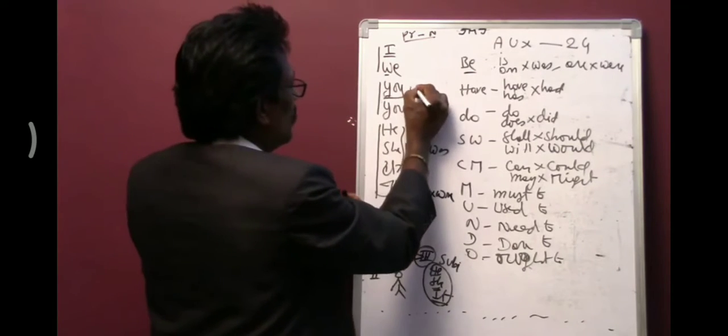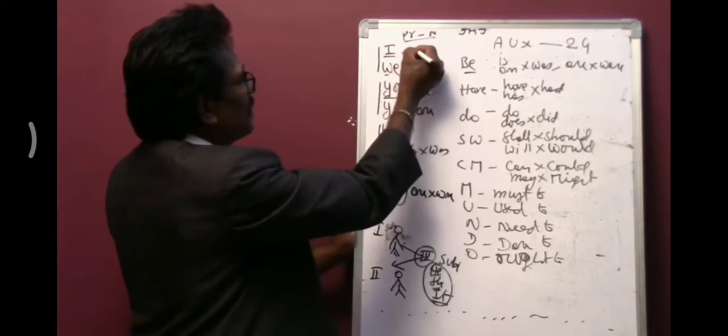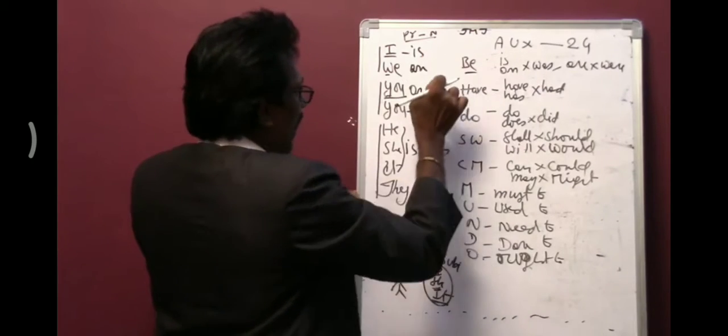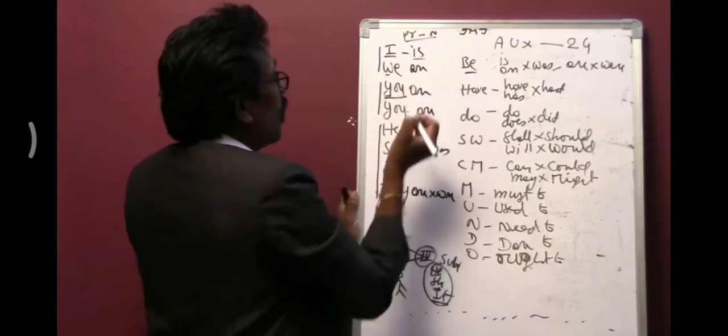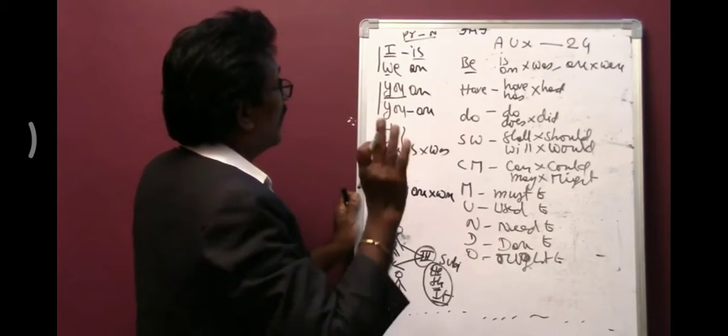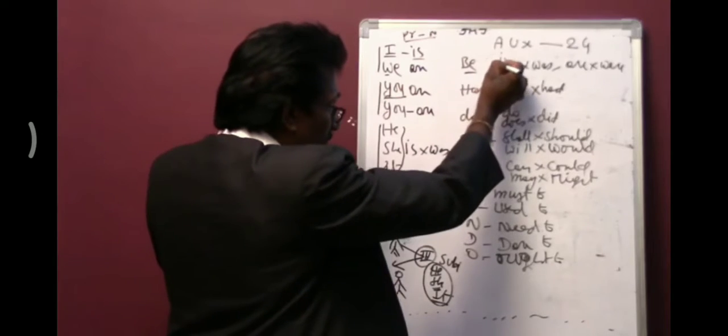That is why you are, we are. I is supposed to come, because is is for the singulars, are for the plurals. But though I is singular, it is being treated as plural. That is why they wanted to use some other word in the place of is.